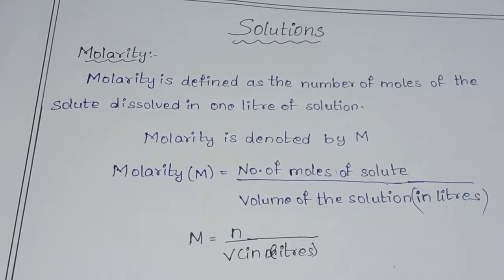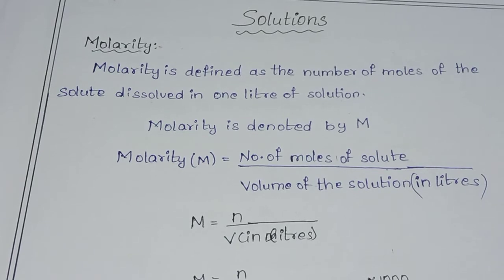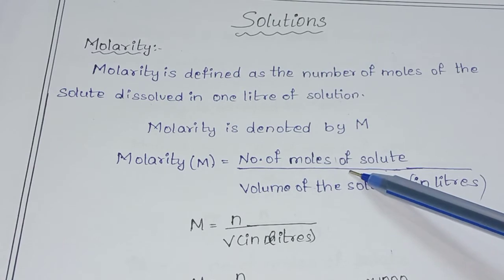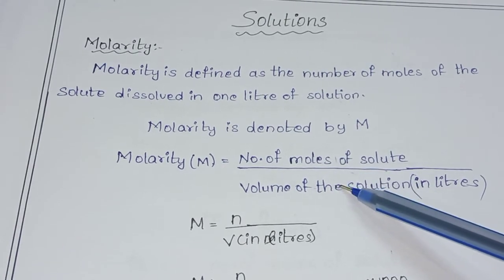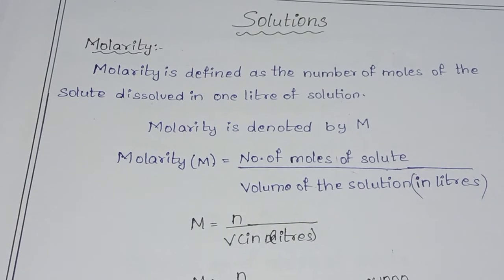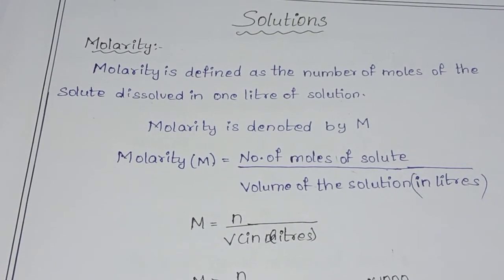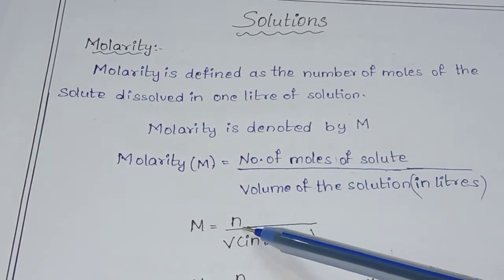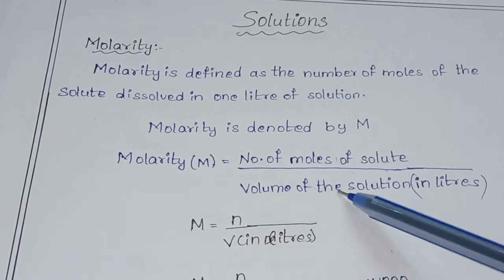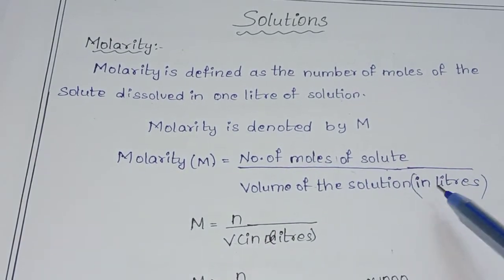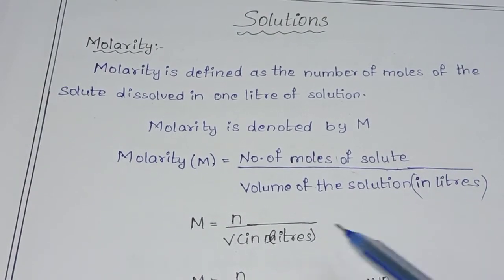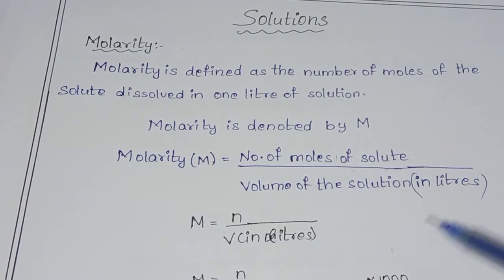The number of moles of the solute is written in short form as small n, and the volume of the solution is V, in liters. In milliliters, we have to multiply this component by 1000.